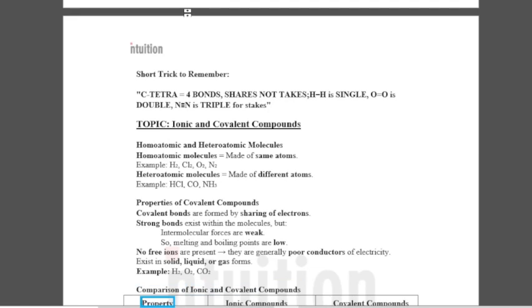Comparison of ionic and covalent compounds. Table with properties, ionic compounds and covalent compounds.